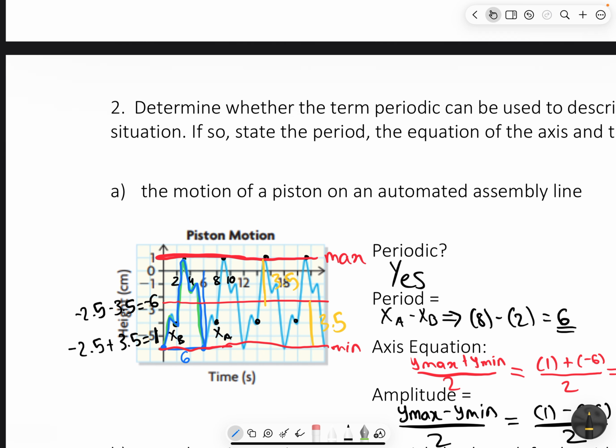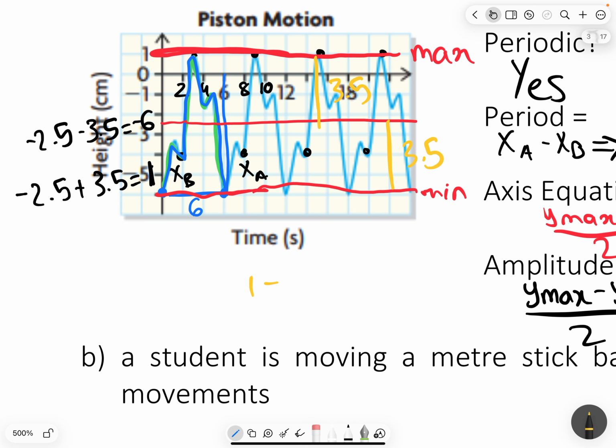So you could do 1 minus -2.5, because you're seeing from 1, how much do you have to go down by to get -2.5? This becomes 1 plus 2.5, which also gives you 3.5.